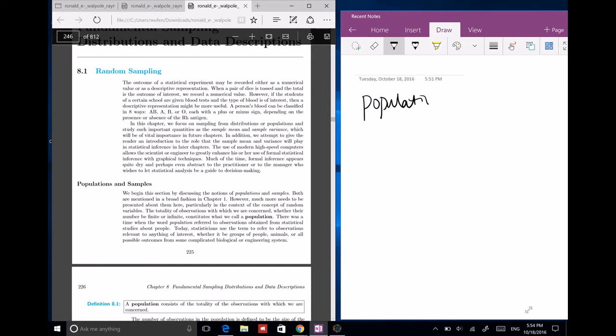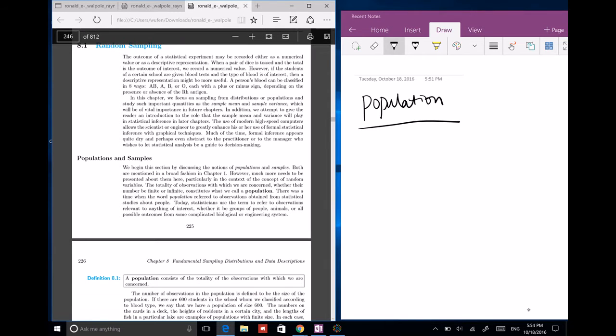First we want to look at the definition of population. What is a population? Look at the totality of observations with which we are concerned, whether the number be finite or infinite; this constitutes what we call a population. Population means all, the totality of observations.